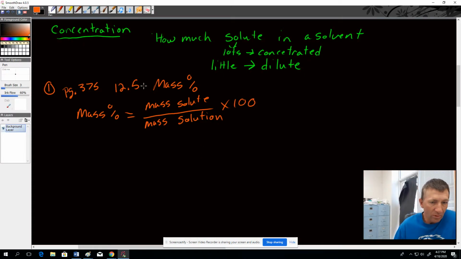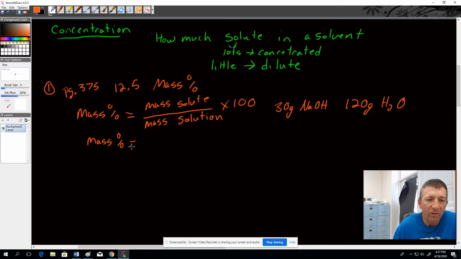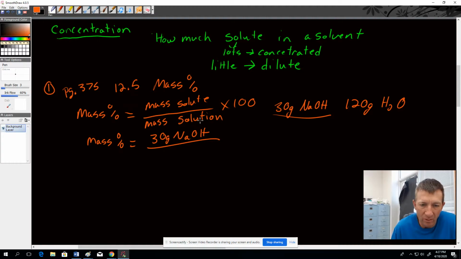So on problem 12.5, it asks what is the mass percent of sodium hydroxide in a solution prepared by dissolving 30 grams of sodium hydroxide in 120 grams of water. Mass percent equals the mass of solute, 30 grams of sodium hydroxide, over the whole solution.